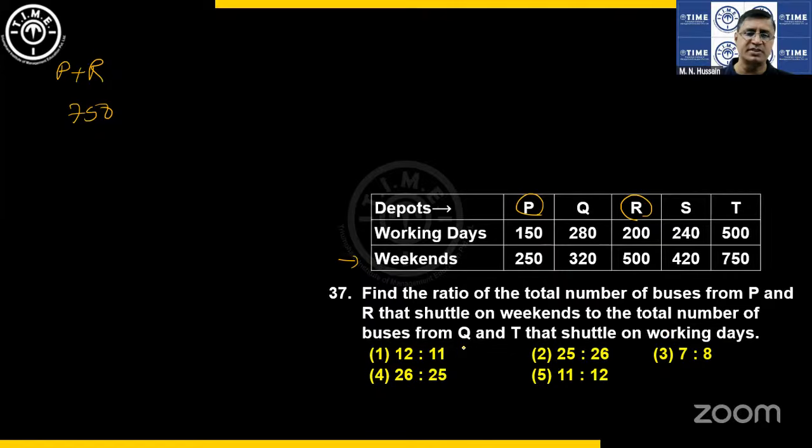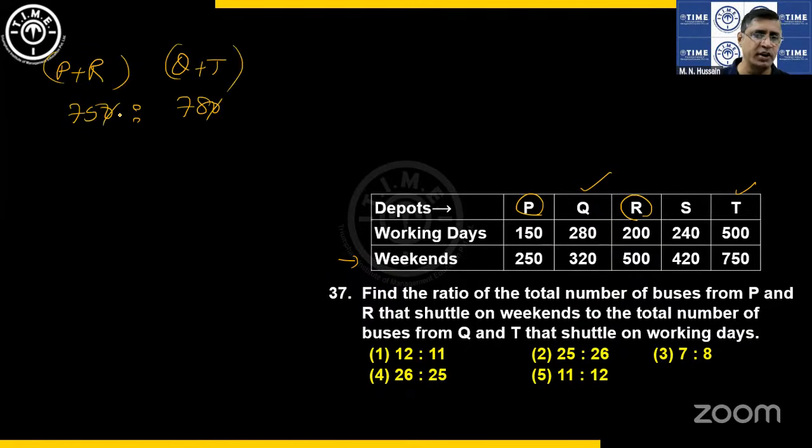To the total number of buses from Q and T that shuttle on working days. Q and T working days, 280 and 500, that is 780. What to find? A ratio to be found.